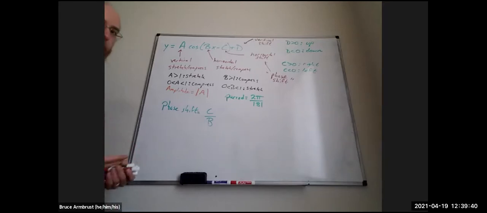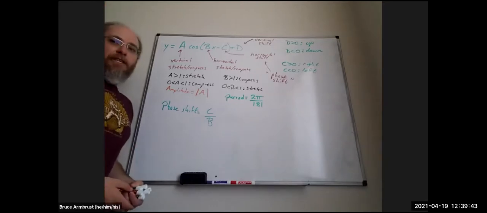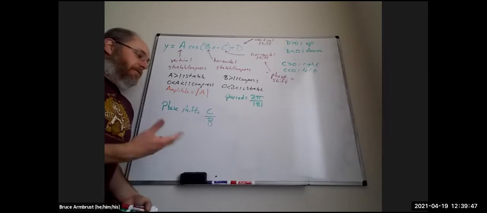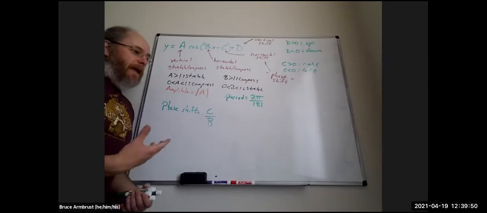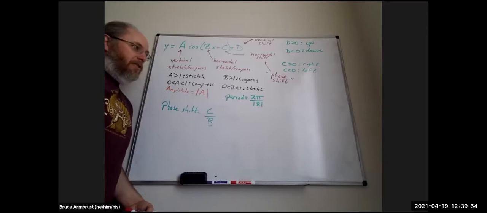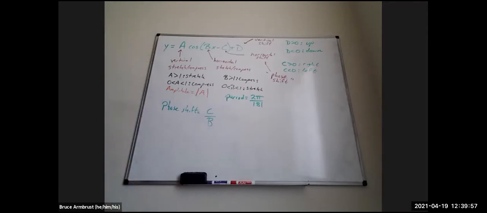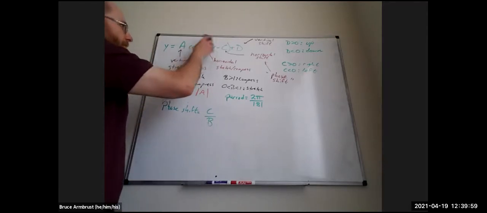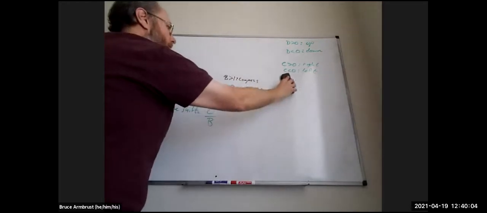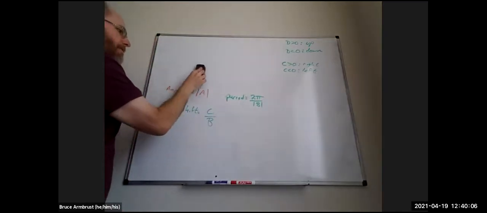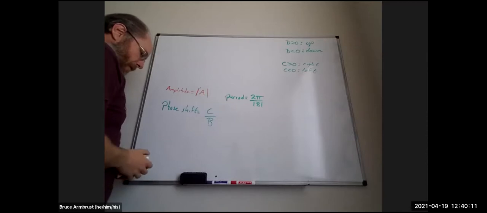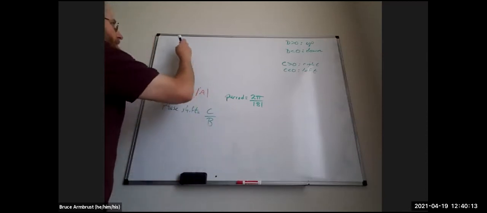So if we lump them all together, we can actually keep track of what's going on with our graph, seeing the change in the amplitude, period and phase shift. And then we can get a graph of them pretty quickly if we remember our transformations. So let me show you an example. Let's actually get rid of all these A, B, C's, and D's and put in real numbers. But I'm going to reserve our formulas for just a second here. All right, so let's go with this guy.